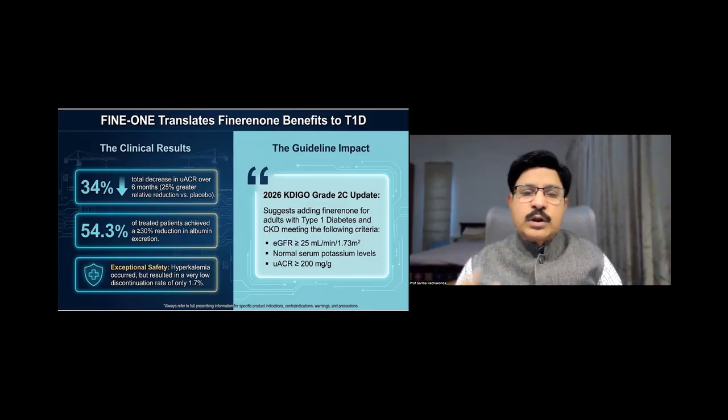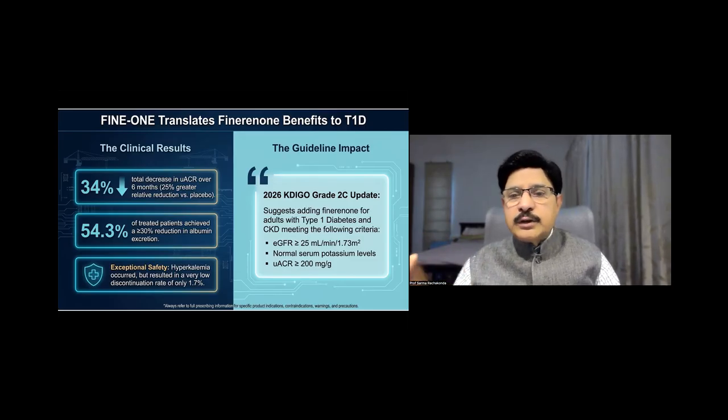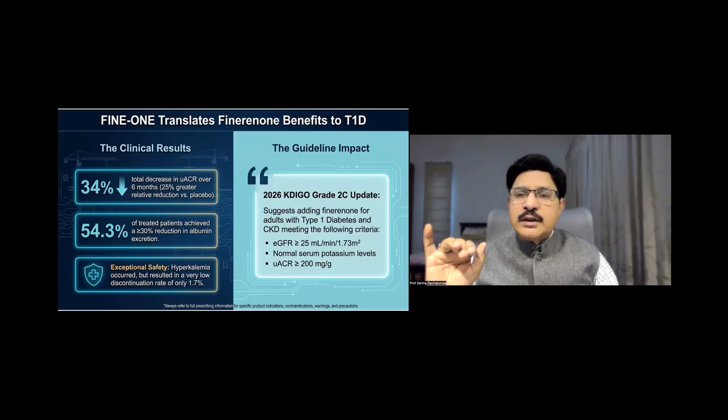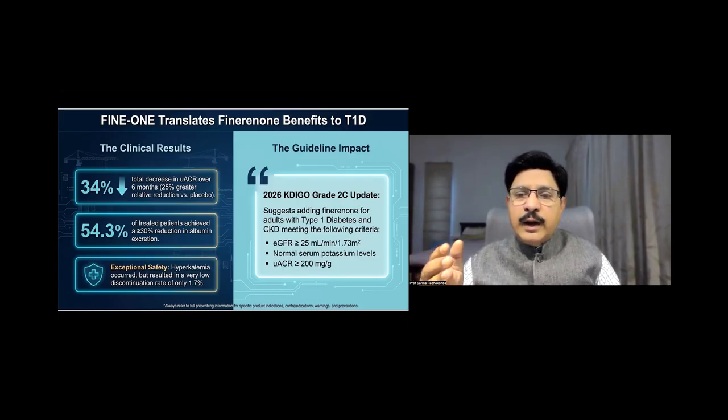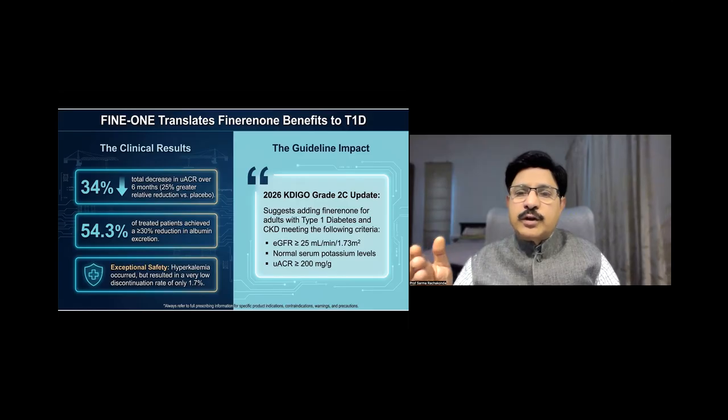We cannot use them in CKD. Now here is a drug which doesn't produce much hyperkalemia and which is very beneficial to the heart as well as the kidney. 2026 graded guidelines suggest adding finerenone for adults with type 1 diabetes and CKD meeting the following criteria. What are the criteria?